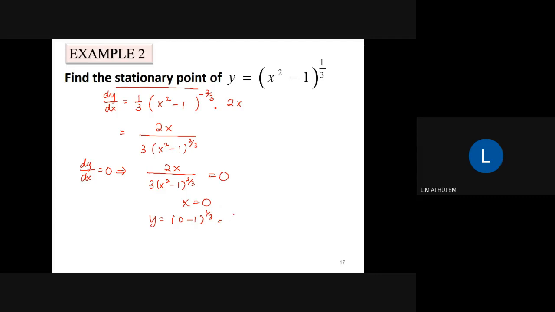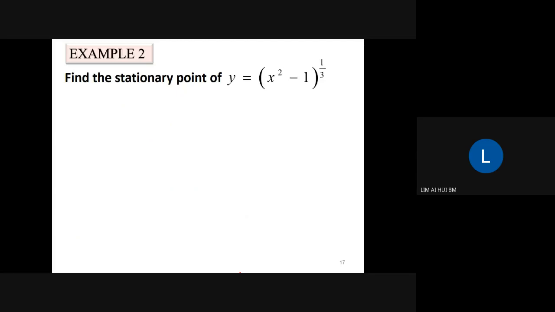That will be cube root of negative 1. That will be equals to negative 1. Means that our stationary point is 0, negative 1. We have only one stationary point for this question. Alright, so this is how we get the stationary point.